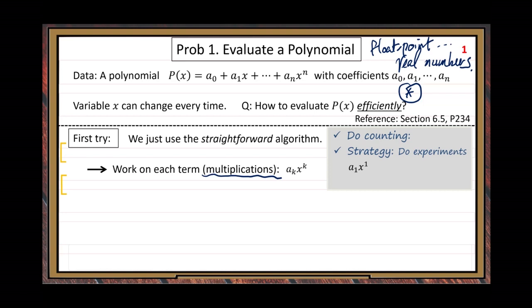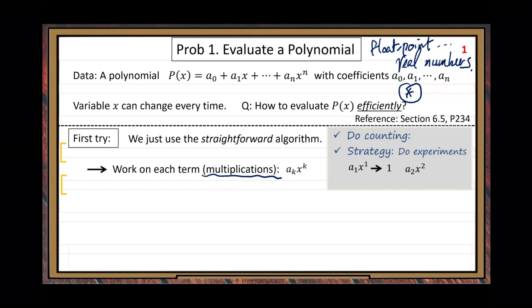First, when k equals 1, let us calculate a sub 1 times x. X to the first is just x. How many multiplications do we need here? It's easy, it's 1. Next experiment. When k equals 2, a2 times x squared.